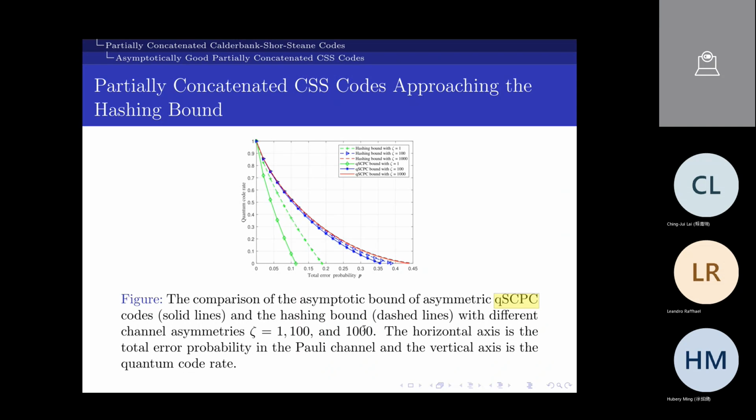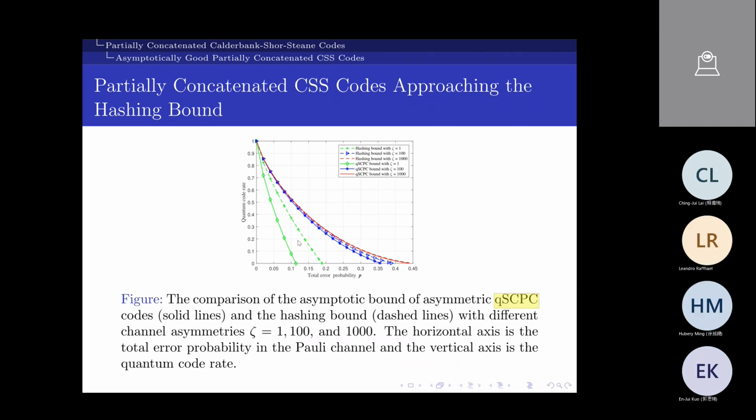However, as the asymmetry goes larger, the gap between our code and the hashing bound is becoming smaller and smaller.